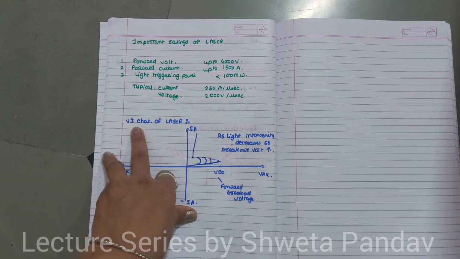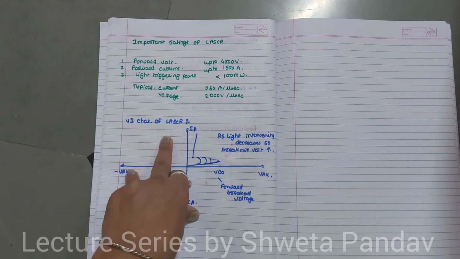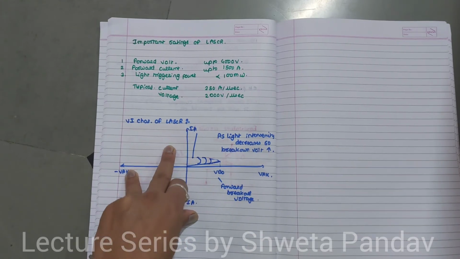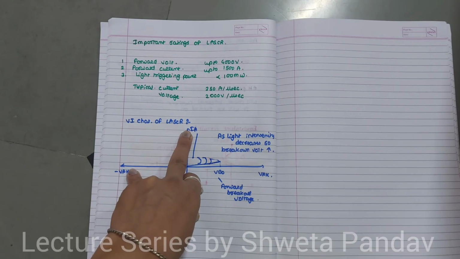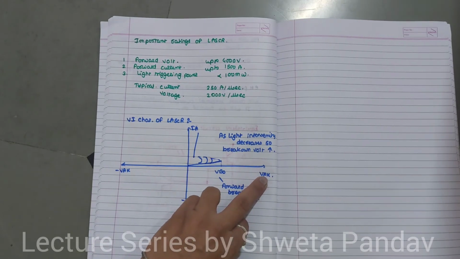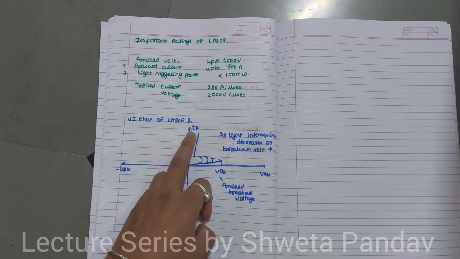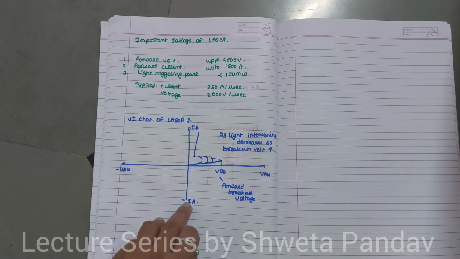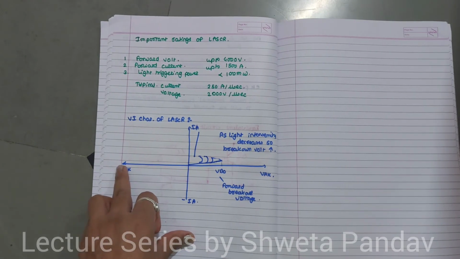Now let us see the VI characteristic of LASCR. It is a graph of anode current on the y-axis and anode to cathode voltage on the x-axis. Here we have the negative anode current and negative anode to cathode voltage.